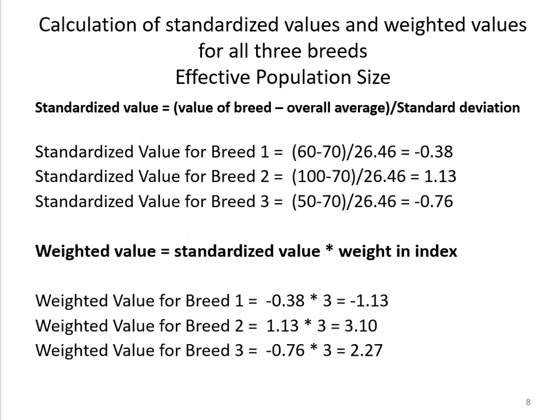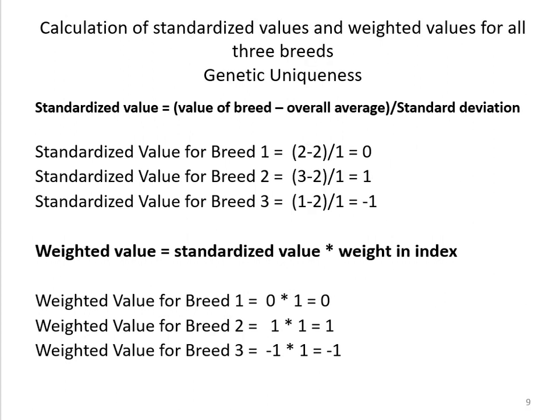Similarly, for breed 2 we have 3.10, and for breed 3 we have 2.27. Similar calculations I have done for genetic uniqueness. I have calculated standardized values for all 3 breeds and then weighted values for all 3 breeds. You can easily check on your own how these calculations were made.